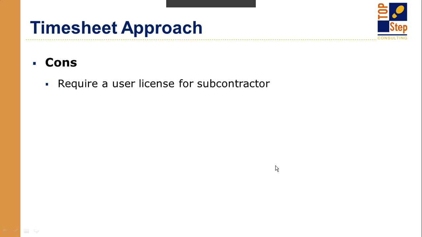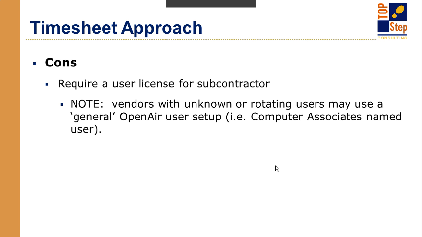Downsides to this approach: well, the big one, they've got to have their own license. So every subcontractor that you pull in, in theory, has to have their own license. If you use a lot of these folks, that's going to get expensive. However, if you use a vendor with rotating users or something along that line, you can set them up as vendor user 1, vendor user 2.